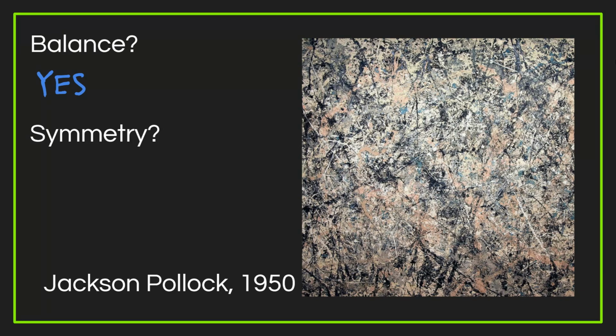He has black, he has a white, he has this weird pink color, he has this weird blue color, and it's kind of like a yellowish, okay? And there's about the same amount of each of those colors throughout the whole piece, okay? There isn't a section in which there is absolutely no black. If you look at it in halves, okay, there's not one half that has more black than the other. There's not one half of the painting that has more pink than the other or blue than the other.